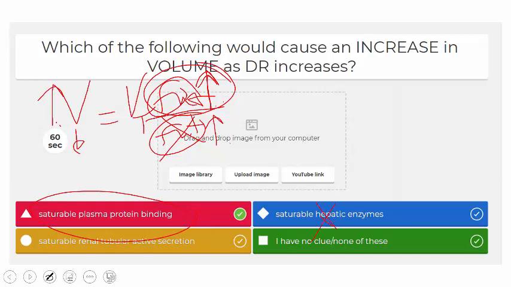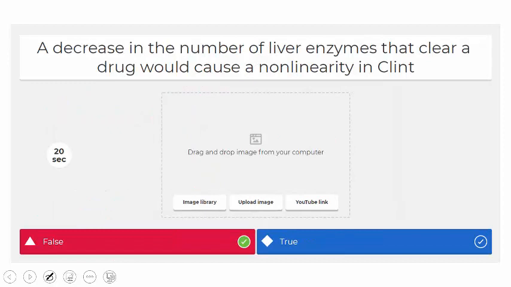Hepatic enzymes have nothing to do with volume. Neither does renal tubular active secretion. So that one's pretty easy. A decrease in the number of liver enzymes that clear a drug would cause a nonlinearity. Probably not.